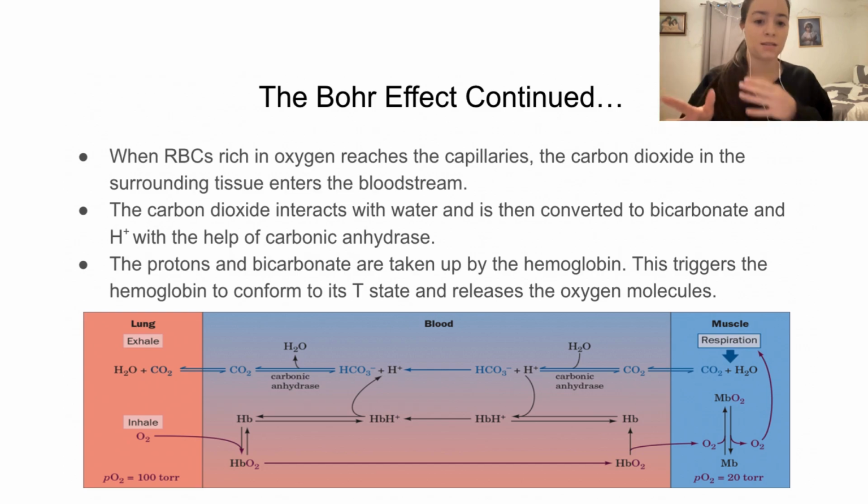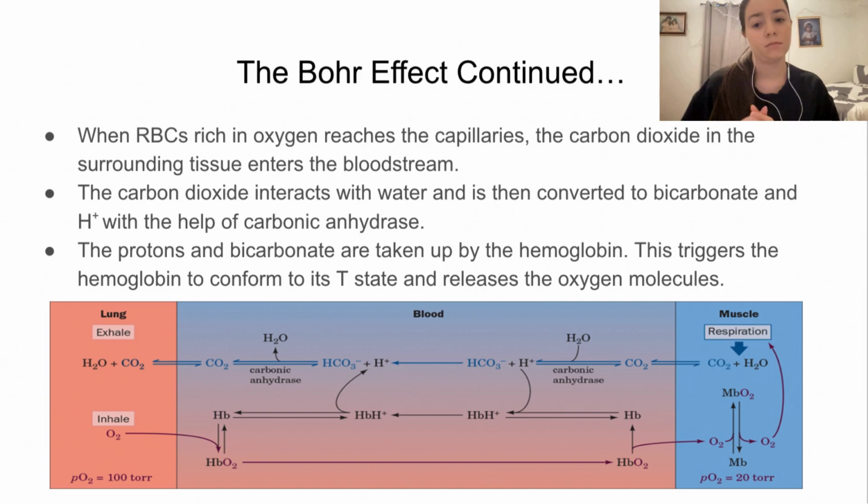Once the carbon dioxide enters the capillaries, it'll interact with water, and the combination of water and carbon dioxide will convert to bicarbonate and a proton with the help of carbonic anhydrase, which is an enzyme that is found in red blood cells.